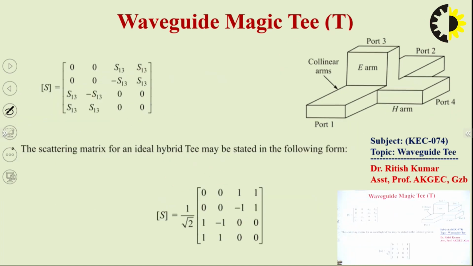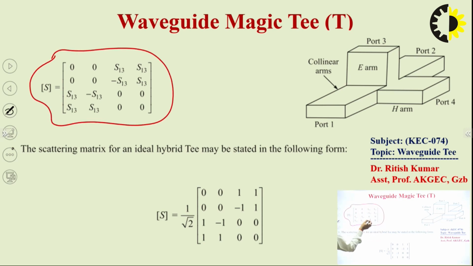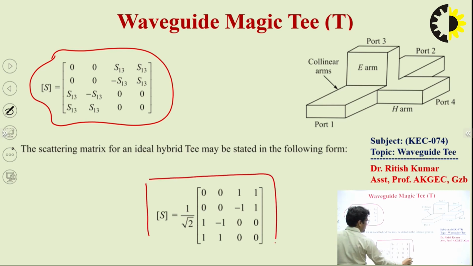Now this is the scattering matrix of the Magic Tee, and this one is the final scattering matrix of the waveguide Magic Tee. Here we can clearly see this is 1 by root 2.